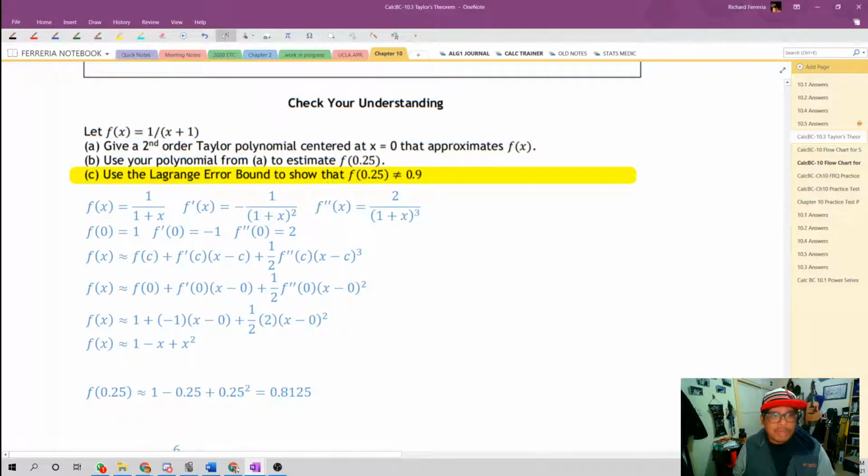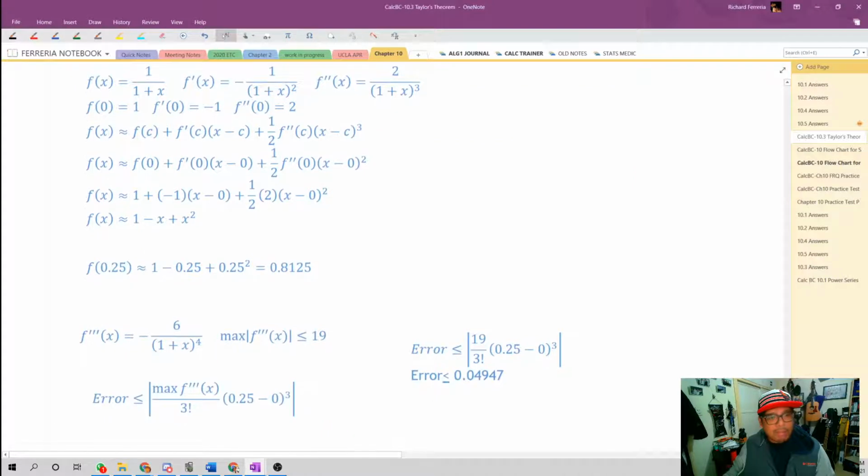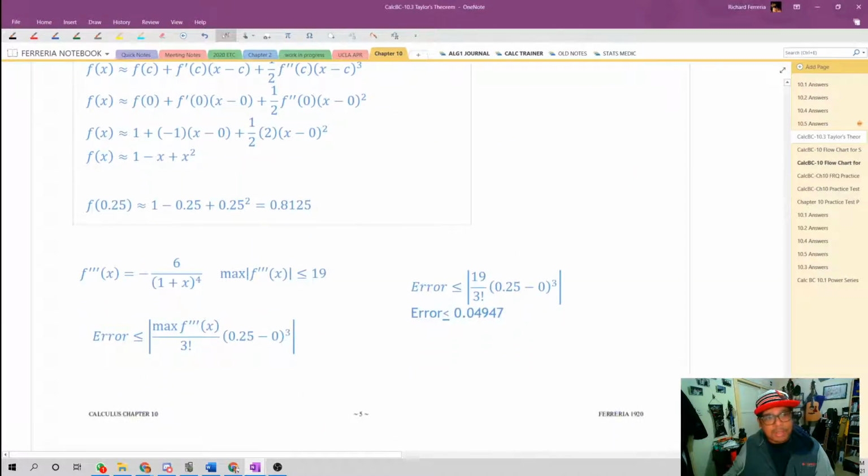The last part here is to show that f of 0.25 cannot be equal to 0.9. Coming back down, my estimate was 0.8125. From our discussion of error, we know that the actual value of f of 0.25 has to be less than my polynomial approximation plus my error.